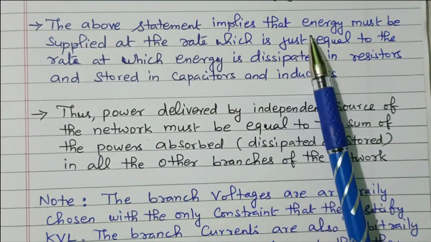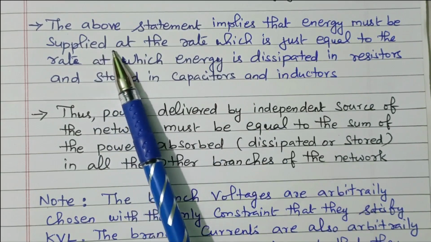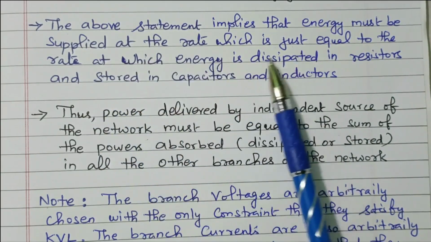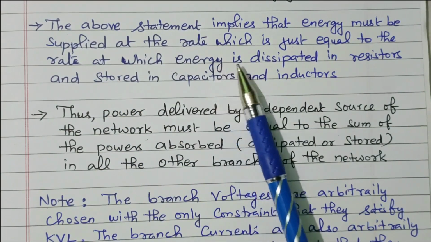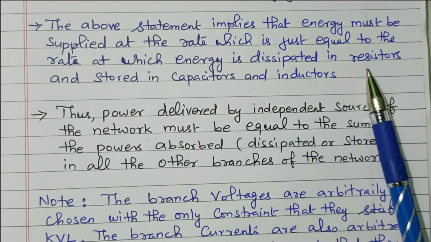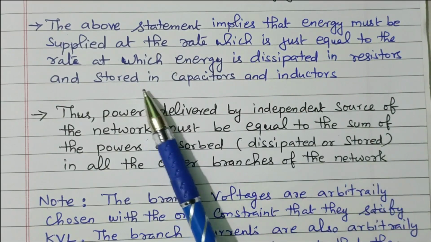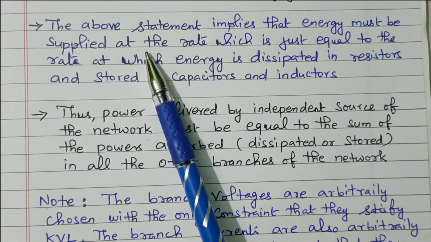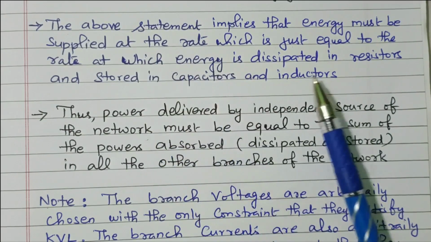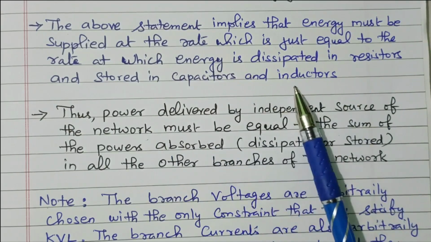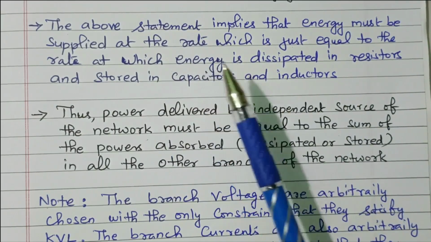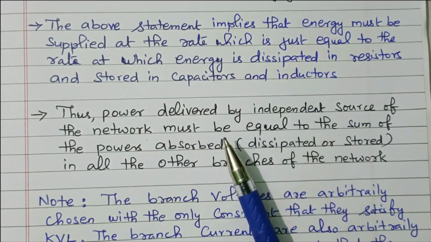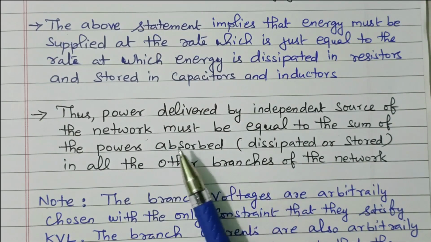So that is the meaning: the energy supplied is equal to the energy dissipated. Energy is dissipated in a resistor, and in a capacitor or inductor, energy is stored. So energy supplied is equal to energy dissipated, and we get net power equal to 0.